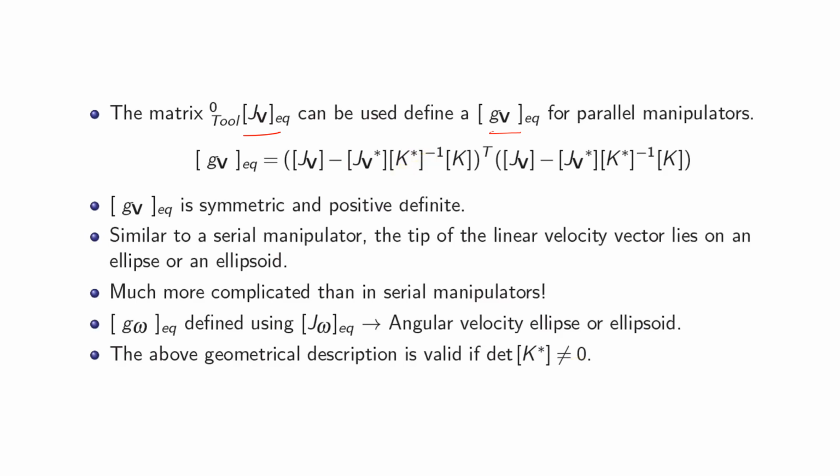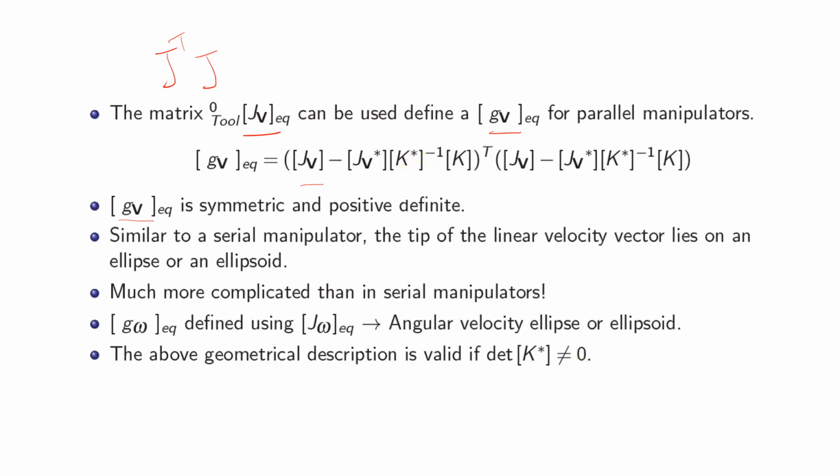Remember, during the geometric interpretation of the Jacobian matrix, we took J transpose J and found its eigenvalues. In this case, we have to find Gv equivalent, which is Jv minus Jv star K star inverse K, transpose, into Jv minus Jv star K star inverse K.